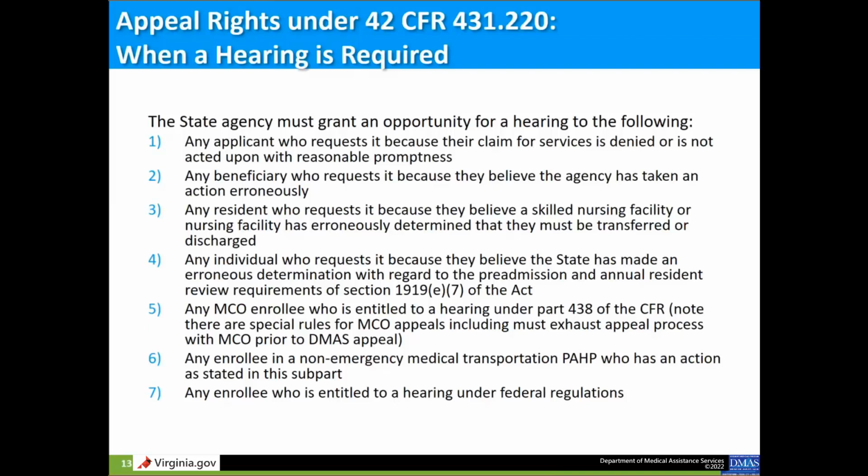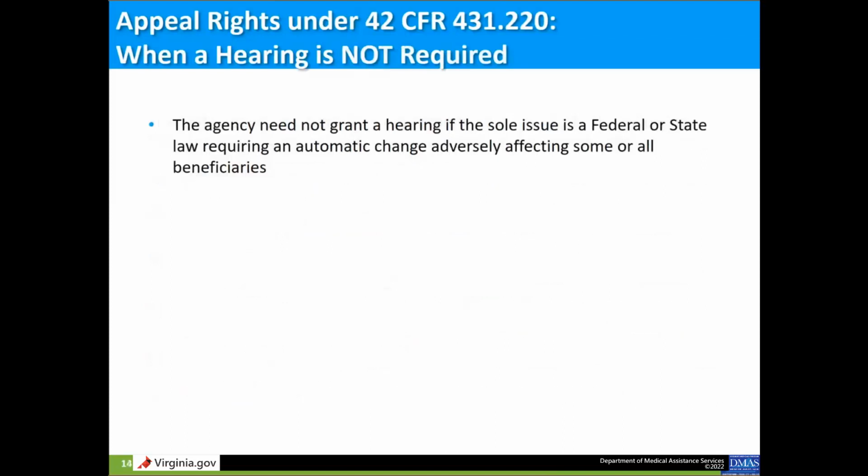Finally, we hear transportation appeals if a non-emergency transportation request has been denied. Note, however, that under federal law, we are not required to provide a member with a hearing if the sole point of disagreement is a matter of state or federal law.